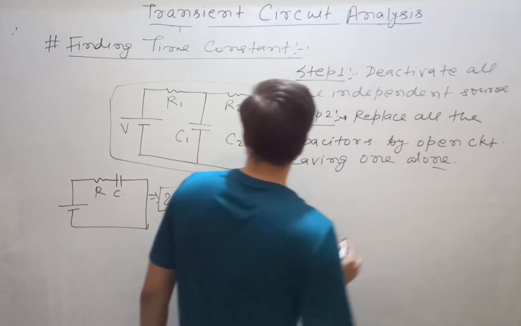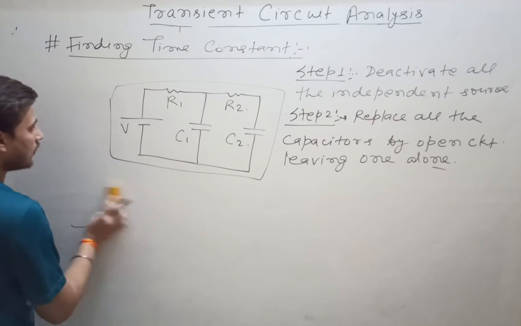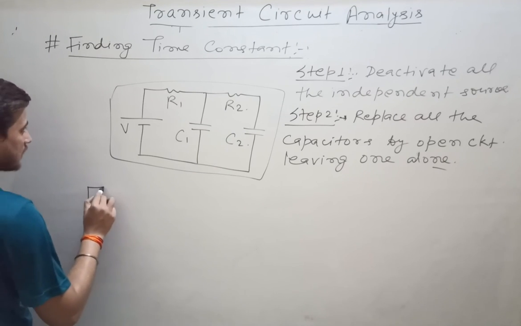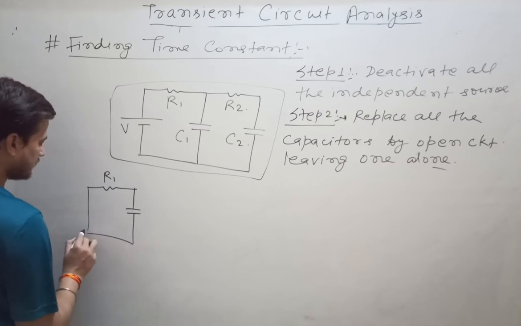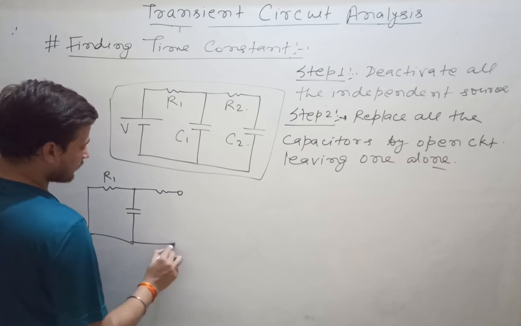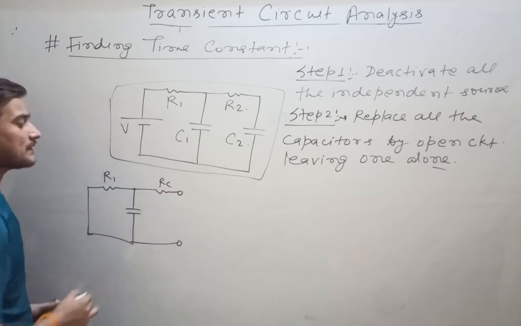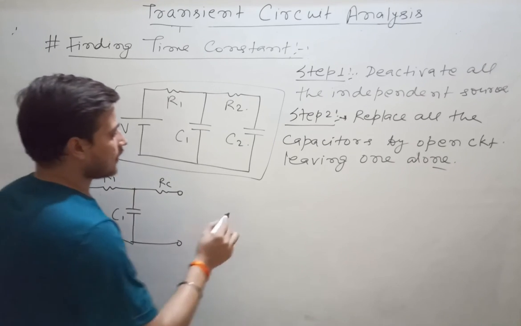It means first let us deactivate the voltage source. Let us keep the capacitor C1 and deactivate the capacitor C2. So we have deactivated the capacitor C2 by open circuit. This is C1.